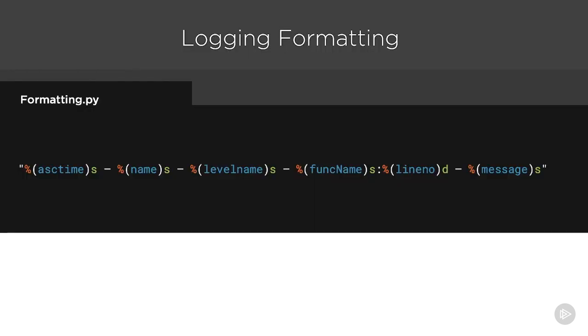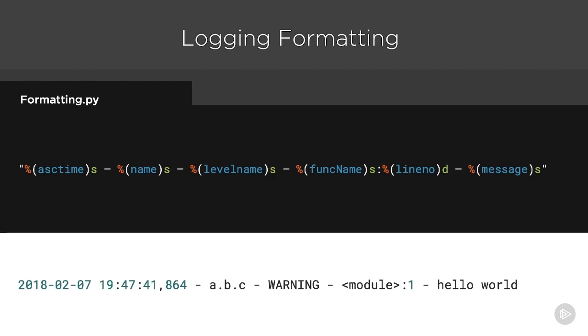You can see an example of a log formatter, where we have date and time in the first place, the name of the log and its level, then function name and line number, and finally the log message. So when a log hello world is sent through this log formatter, it will become something like this one.